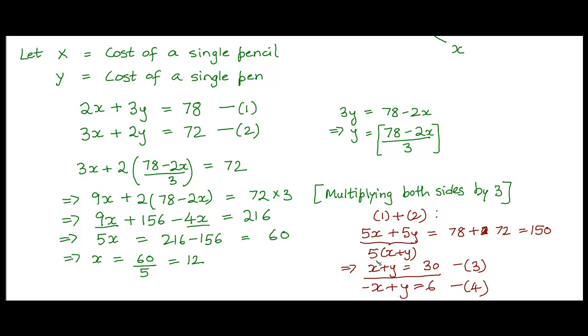You can see that we have simpler equations here. It's much easier to solve for x from these two equations than it is to solve for x based on the original equations. If you want to solve for x here, again we just eliminate the variable y, and we can do that by subtracting the fourth equation from the third equation.